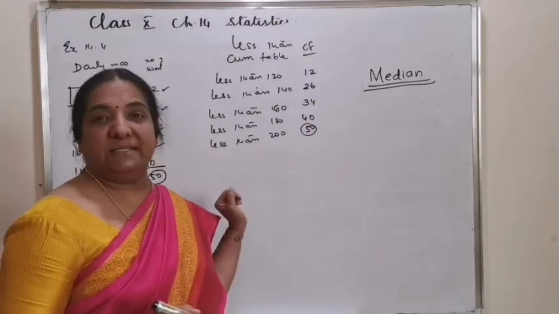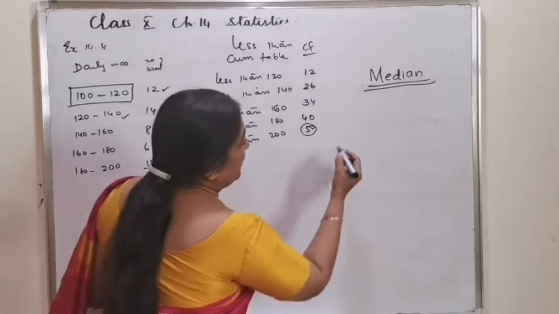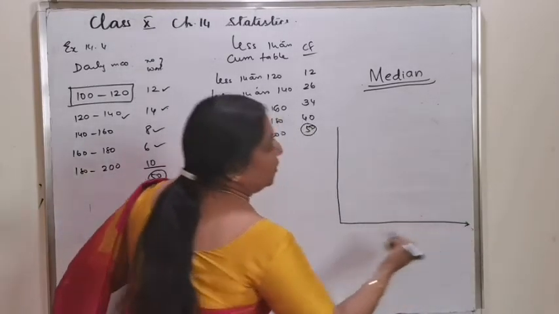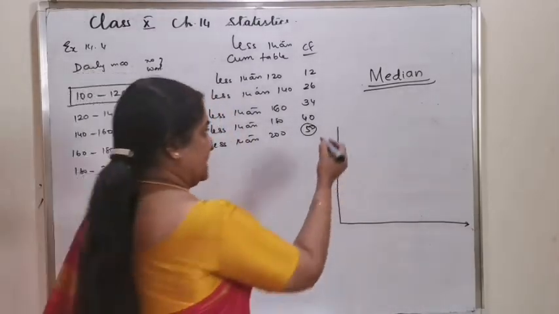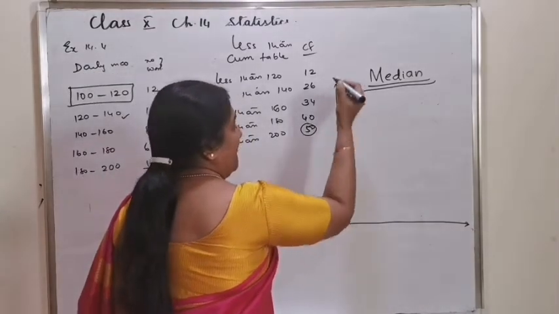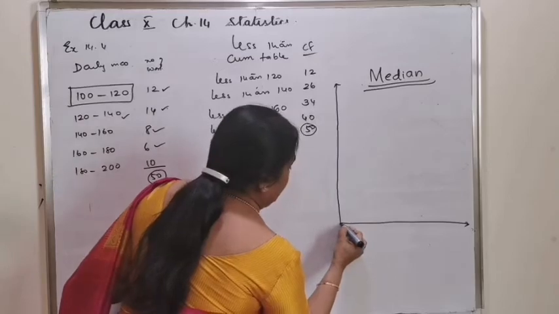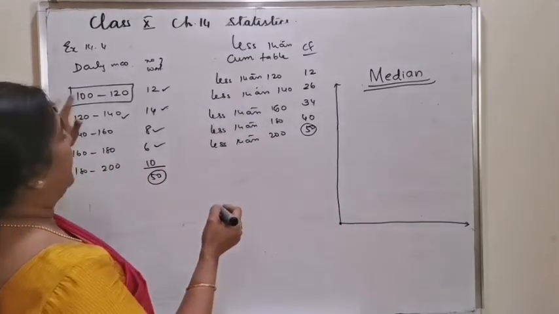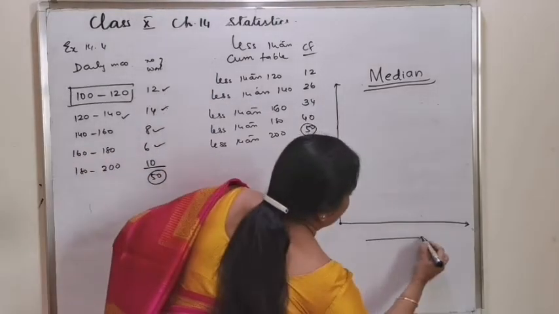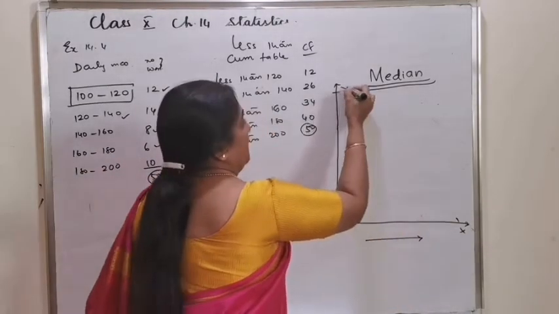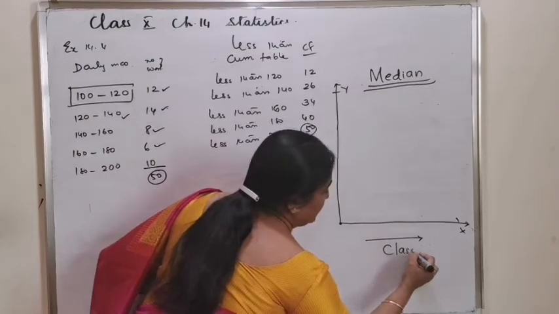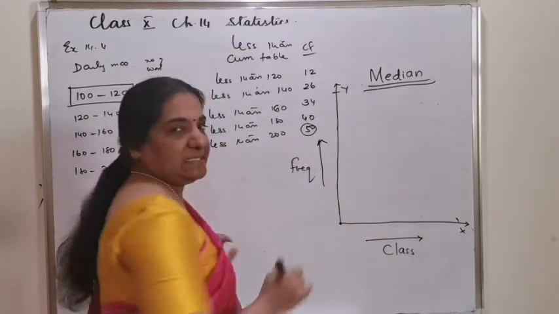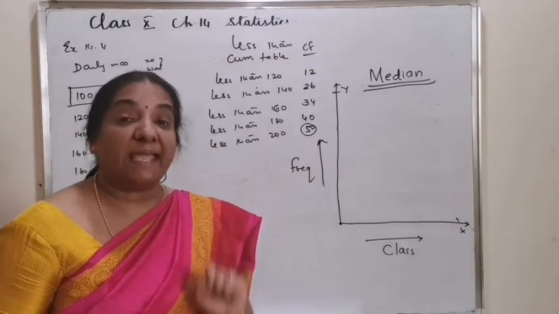How to represent it on graph paper. On the graph paper, you just draw the axes from the corner of the page. On the x-axis, you will be plotting the class, and on the y-axis, the frequency, with a particular scale.